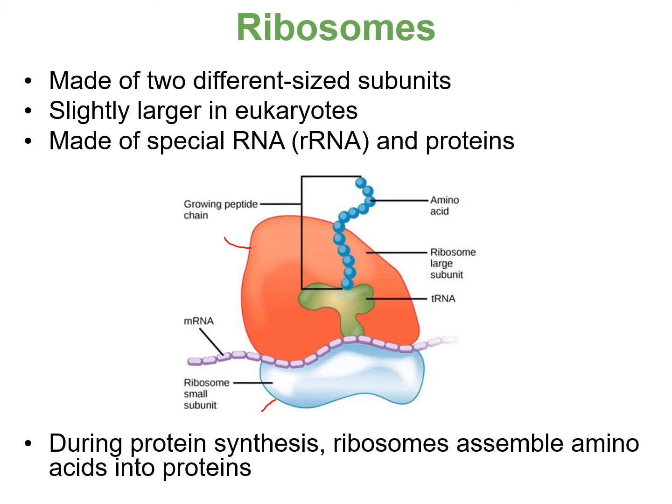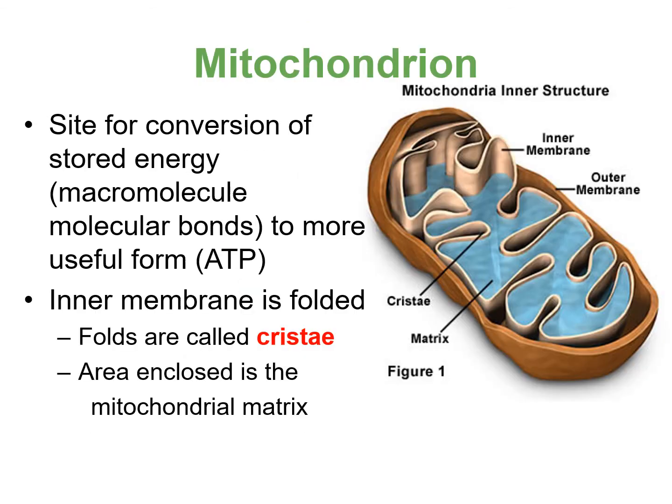Small subunit helps to position the large subunit. The large subunit does all the work. Goes, remember, codon by codon, reading every 3 nucleotides of the messenger RNA, adding on a new amino acid, depending upon what the messenger RNA says. All living cells have these. Turns out, ours are just bigger than bacterial.